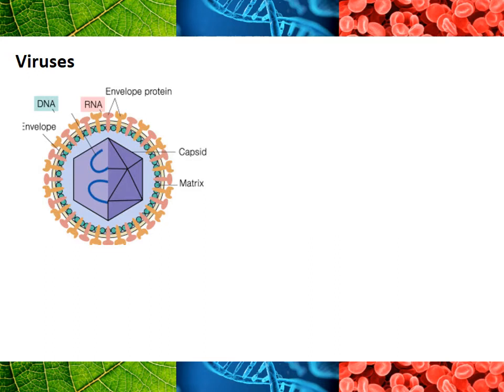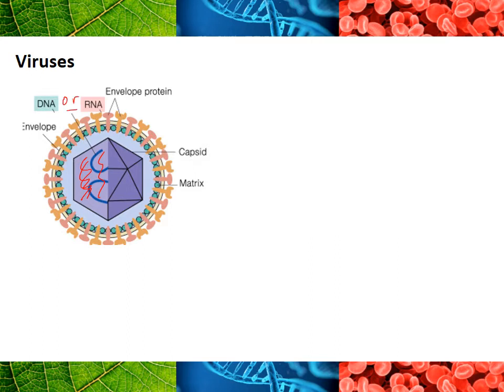Again, you need to have a more detailed diagram of a virus. Just remember, all viruses look very different. So this is a nice general diagram that you might see of one, but they do all look quite different. We have in here either our DNA or RNA. It's worth putting that in.